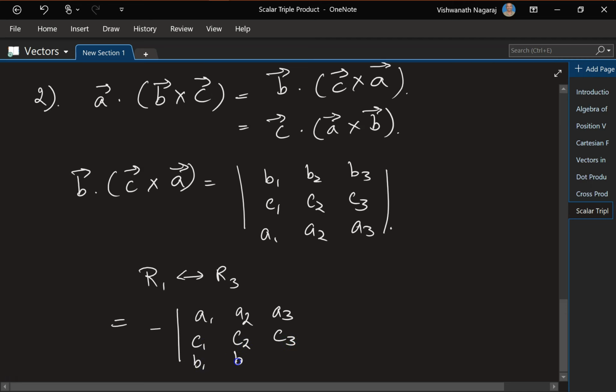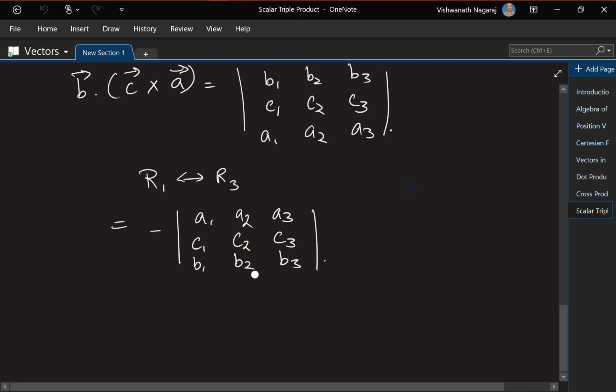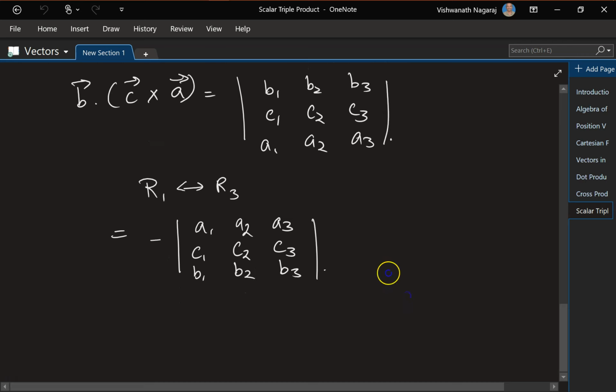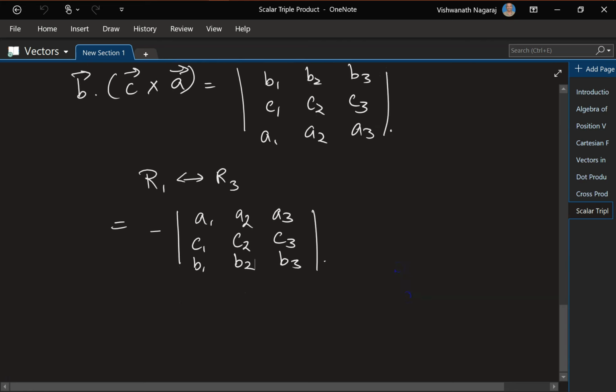So this is one of the properties of determinants. If you exchange the rows, then the sign changes. Now that we have exchanged A and B, now we have to exchange the C and B rows, right? So let's exchange R2 and R3.